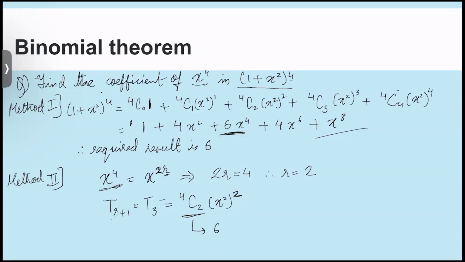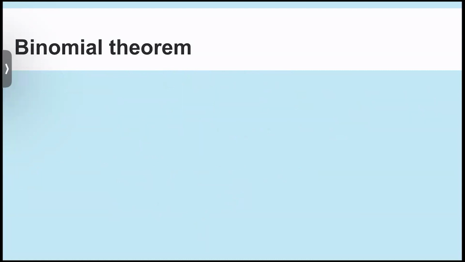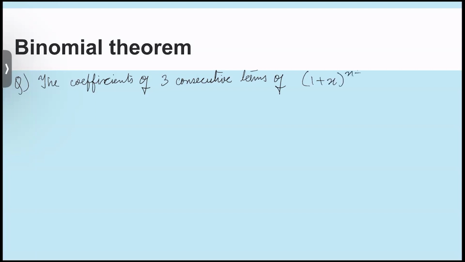So let's do some more examples. Suppose the coefficients of three consecutive terms of (1 plus x) raised to n plus 5 are in the ratio 5 is to 10 is to 14.